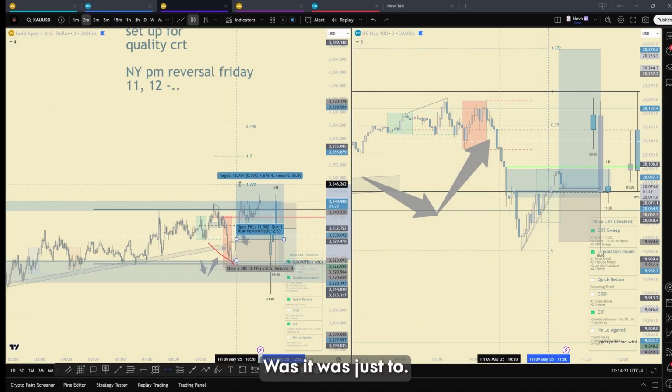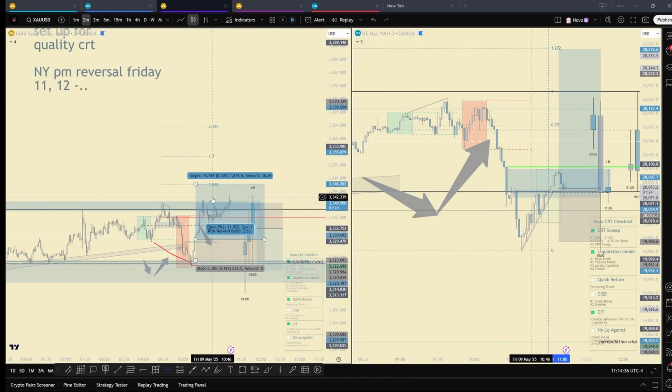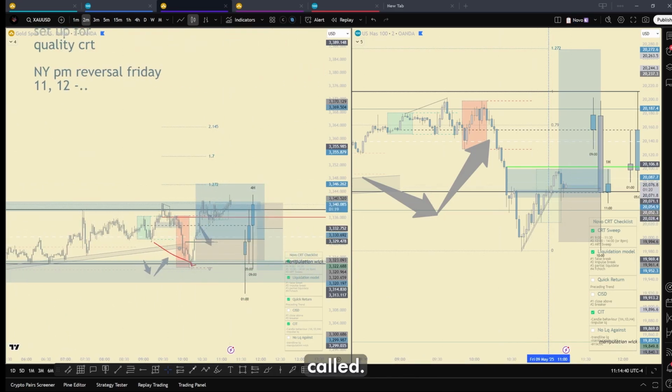What was it resisting at this area? I'm gonna close some more on gold.